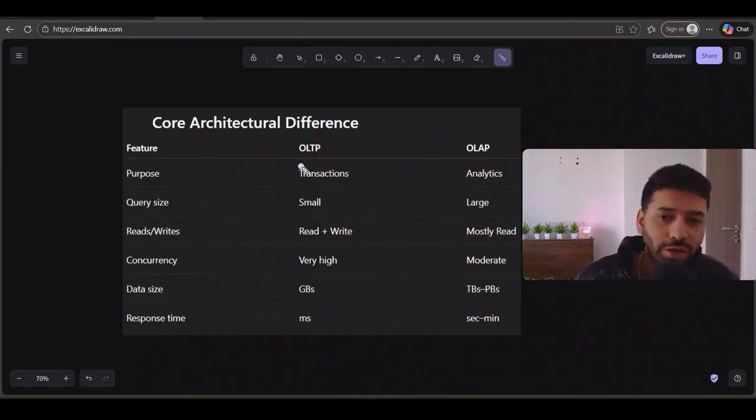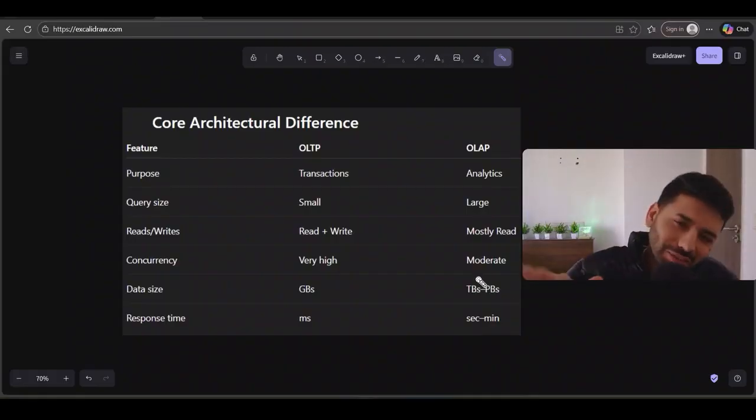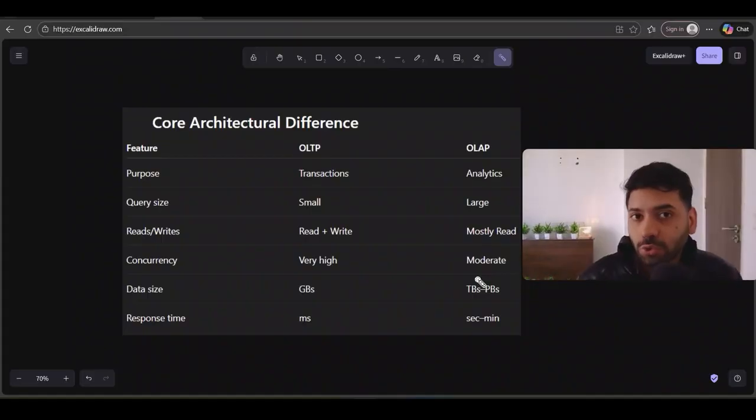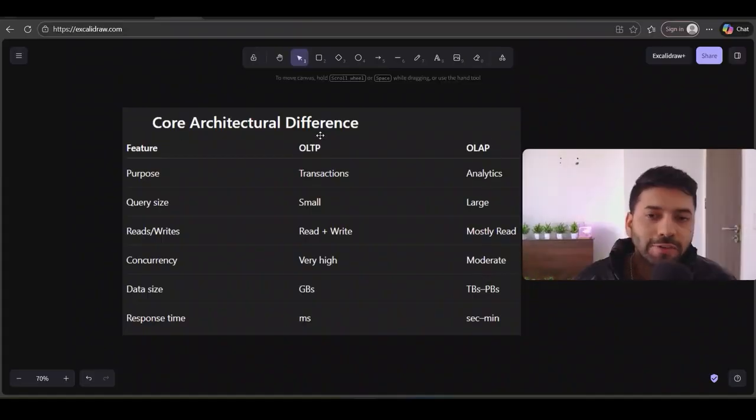So all those things are provided by OLTP. In OLAP, you can take some time in the response time, even minutes. Data size is high, concurrency is moderate, because it's okay in that part, because it's not the end user who is actually using your OLAP. So these were the differences between OLTP and OLAP on the architectural level.